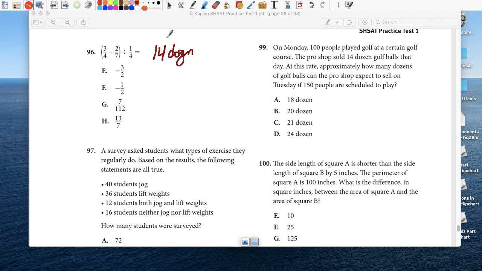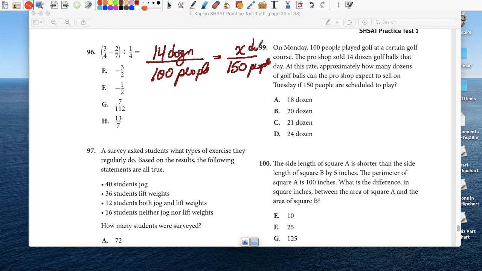We're talking per dozen, so 14 dozen per 100 people. I don't know if we can do that. And then on Tuesday, if 150 people, proportional, show up, how many dozen balls can I expect?